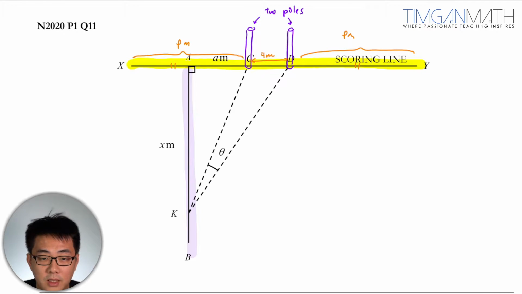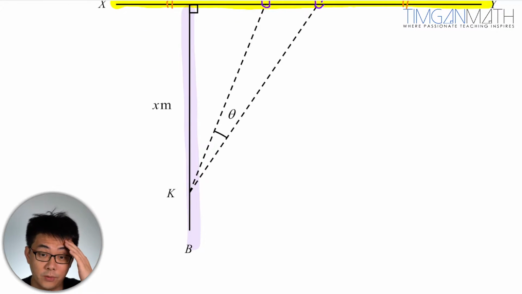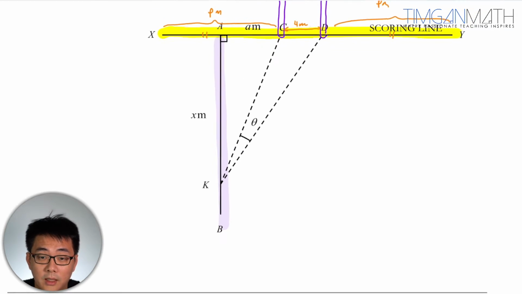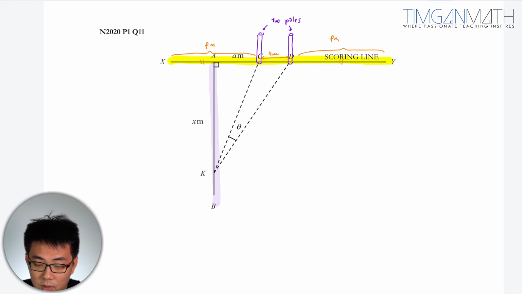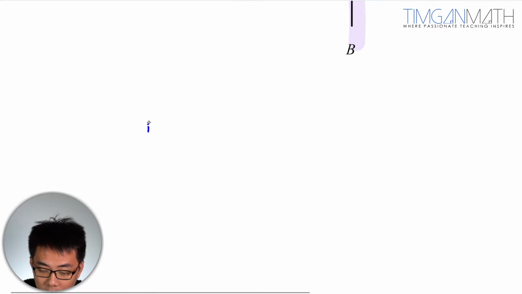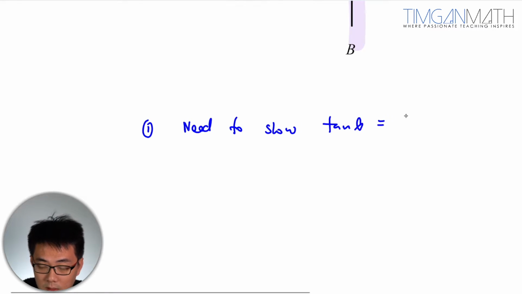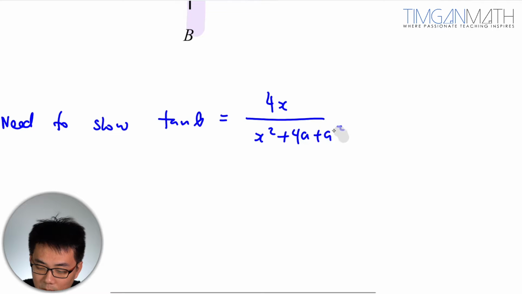Okay, great. Now the next thing is, by expressing theta as the difference of two angles, or otherwise, show that tangent theta is 4x over x squared plus 4a plus a squared. This is the tangent formula here.